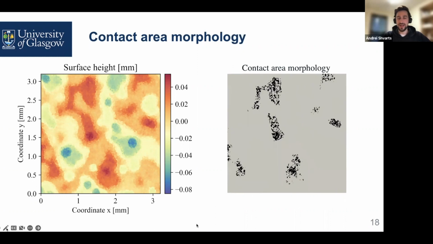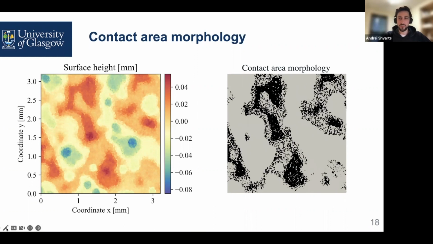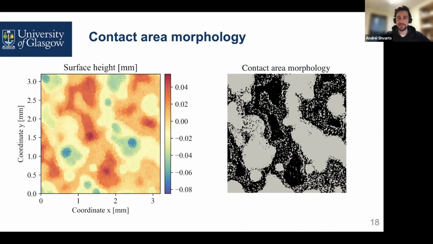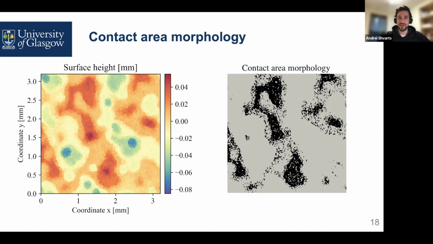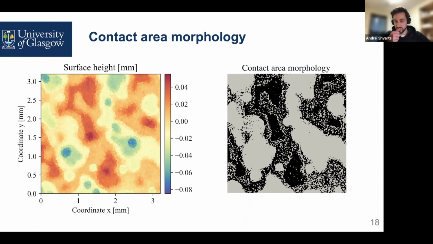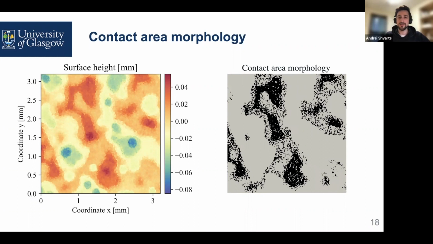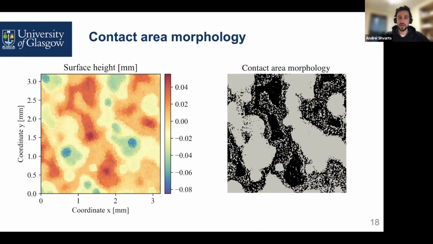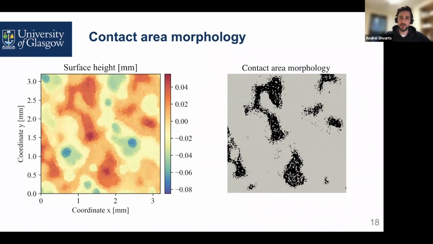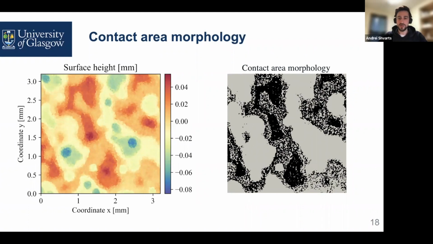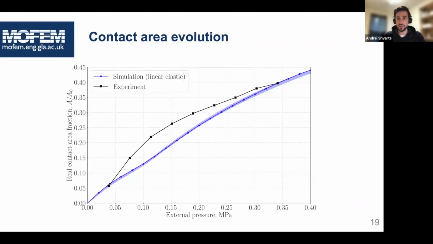And that's actually very important for this problem that we are looking at, since the charges appear only in the zones of the real contact. And therefore, the more load we apply, the more the contact area is growing, and the more charges will appear. And therefore, the more performance output there will be from the device.